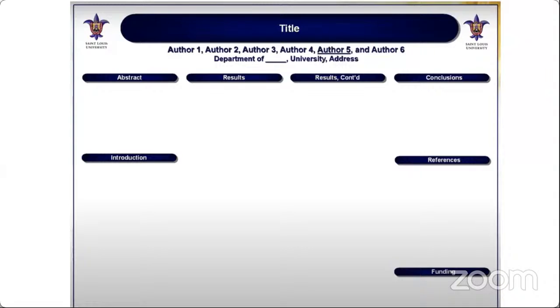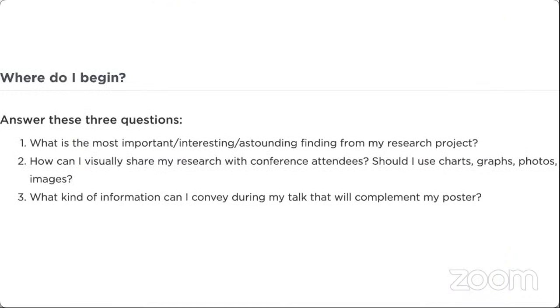Keeping in mind the flow, keeping in mind the readability, and keeping in mind the general template that you want to stick to. So where do we begin? How do we start building a poster? Okay, where do we begin? So we have to first find out, is it okay to use some sort of arrows to keep flow with the heading?